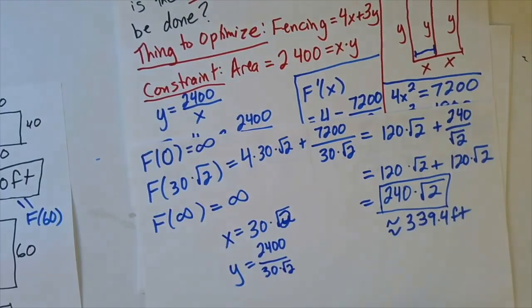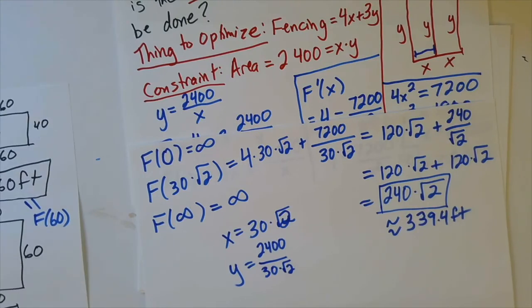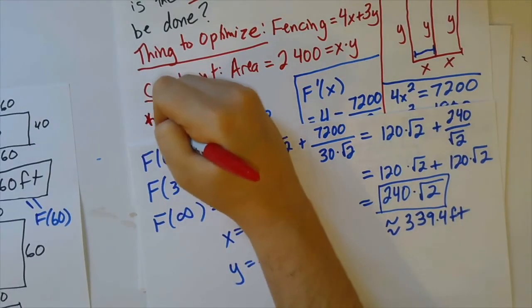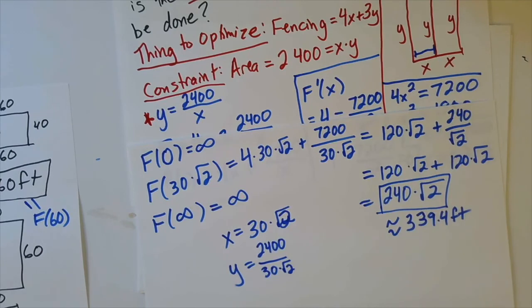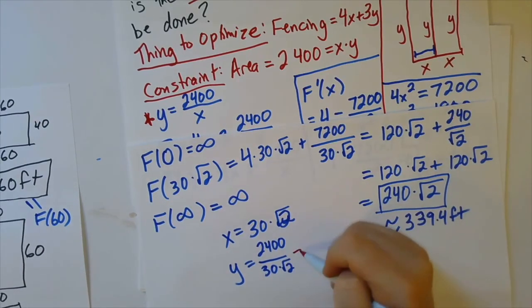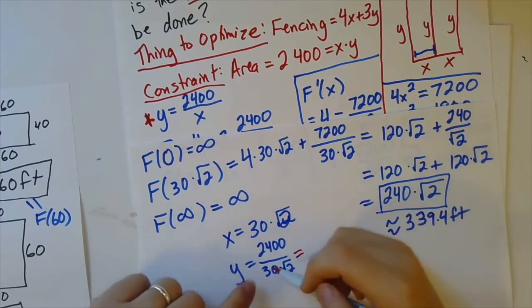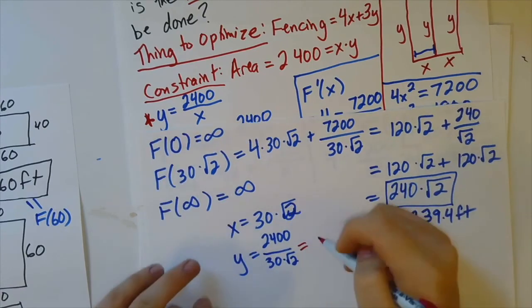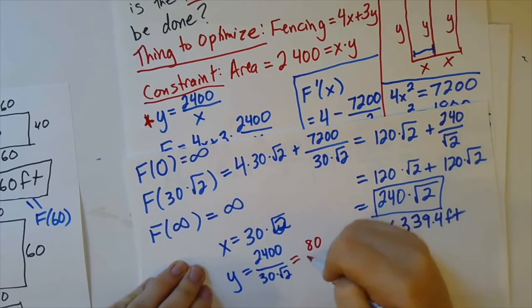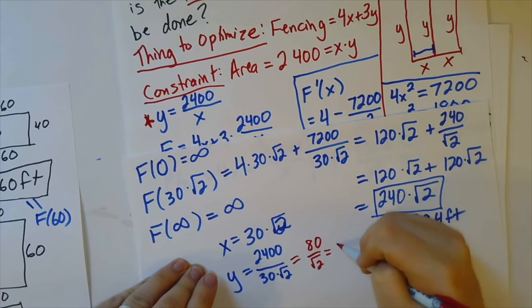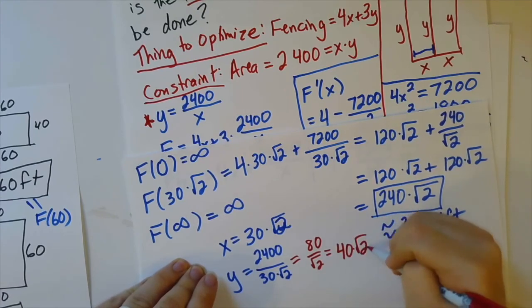Again, I'm going back to the very start when I solved for y in terms of x. And this is, if you like, 80 over the square root of 2, which is 40 times the square root of 2.